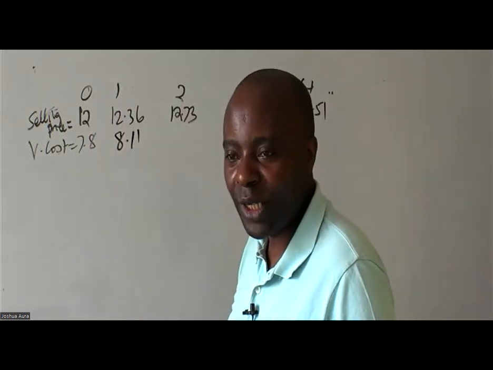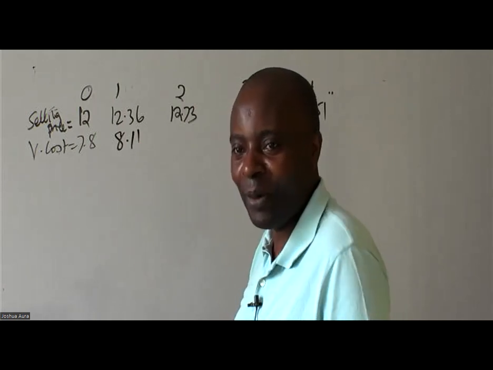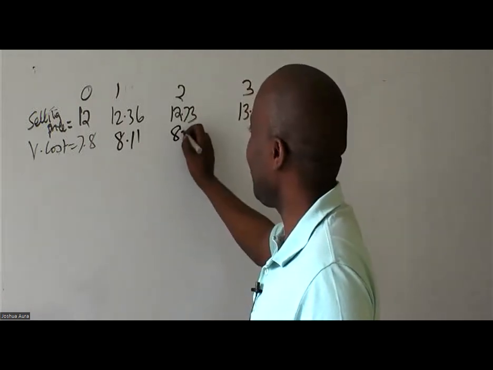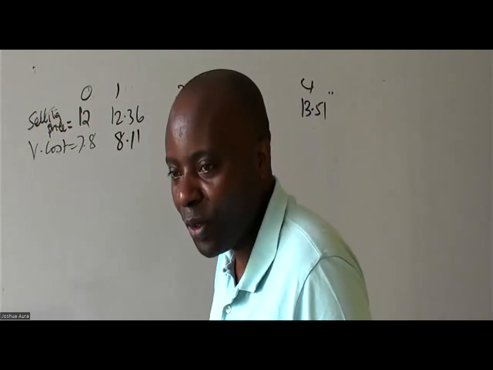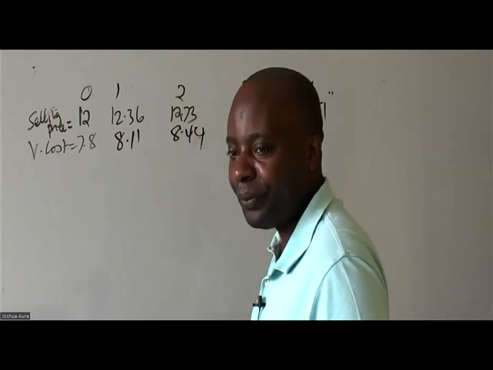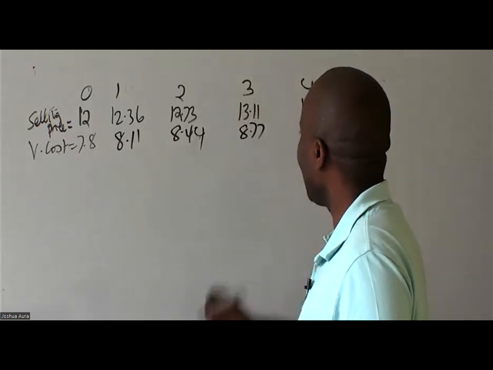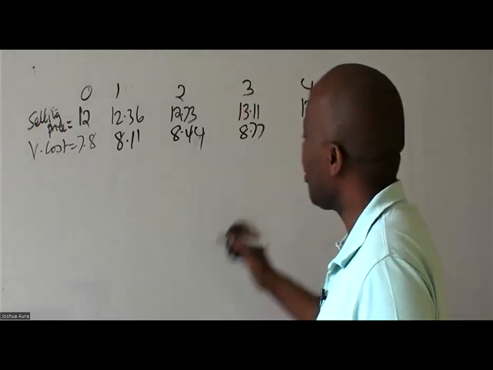And then number 2, ladies and gentlemen, number two, 4%, you keep on adding. So according to Paris anasema ni 8.43, thank you very much. Or 8.44, I don't know. 8.44 is popular. Alafu hapa tuko na nini? 8.77. Alafu year number 4 tuko na 9.12 like this.